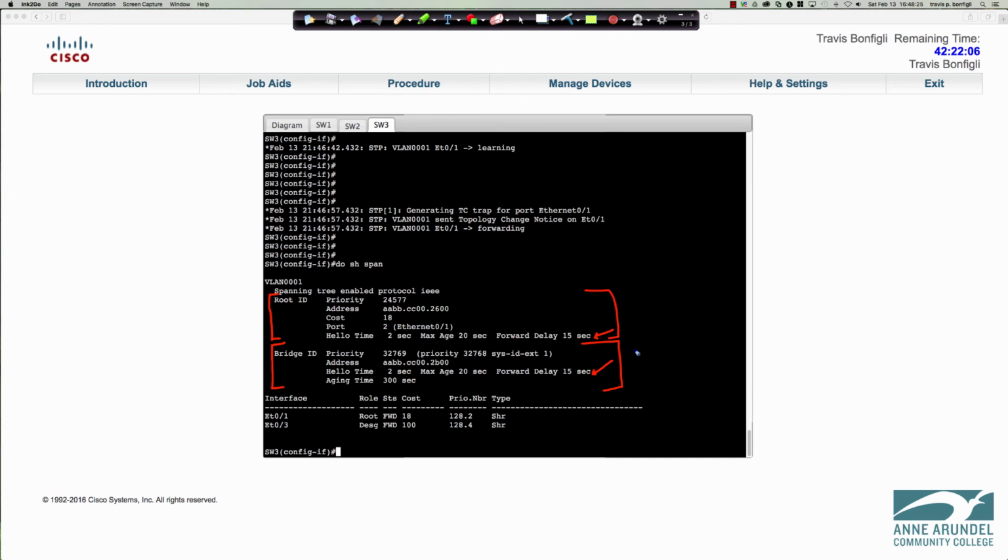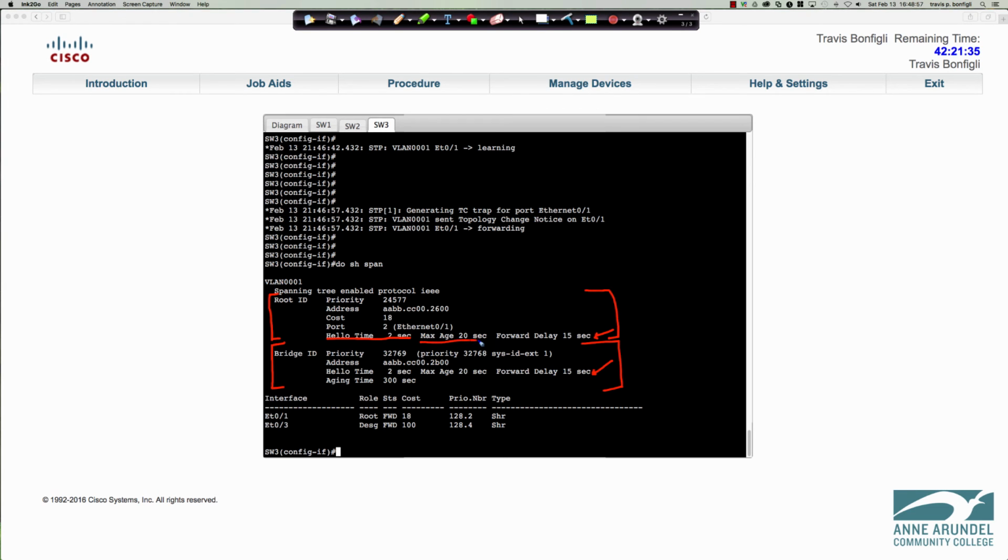But the key is, if you manipulate these timers, there's a BPDU being sent every 2 seconds. The max age time is the maximum amount of time that will pass before the root port is going to save the BPDU information that it's receiving before it ages out.